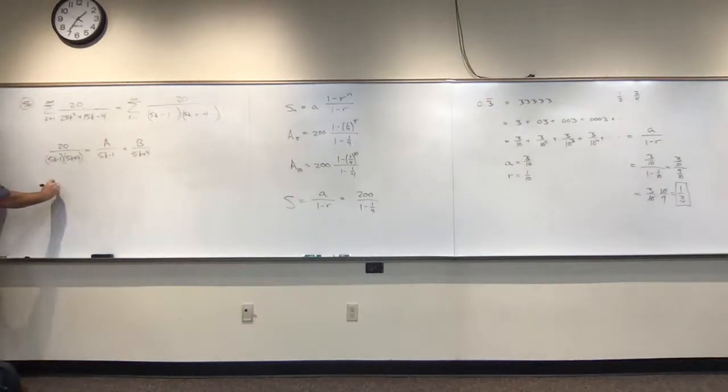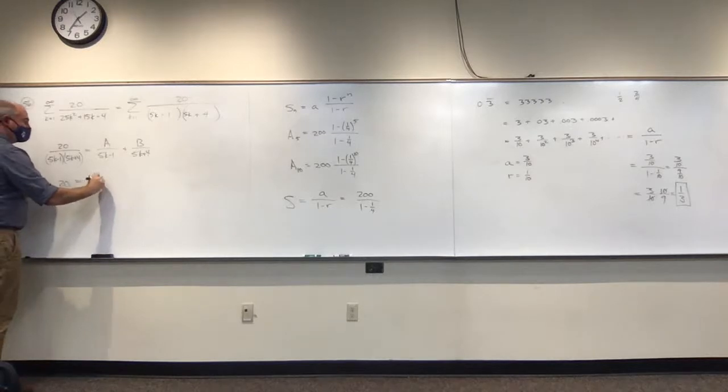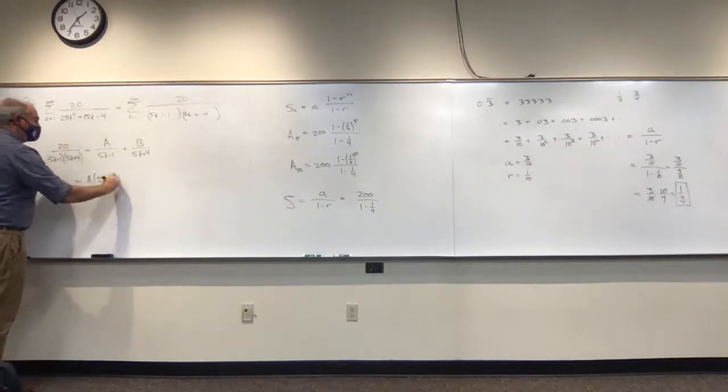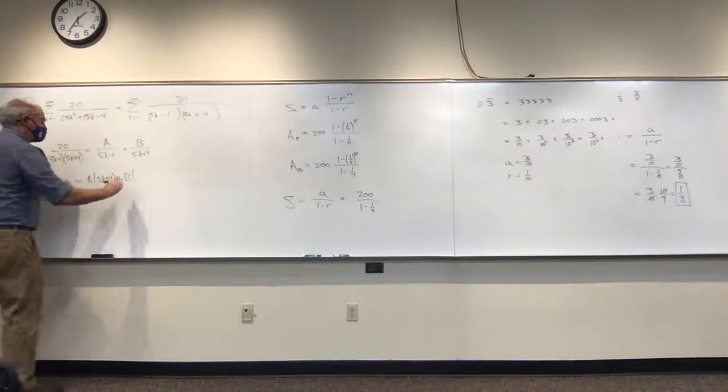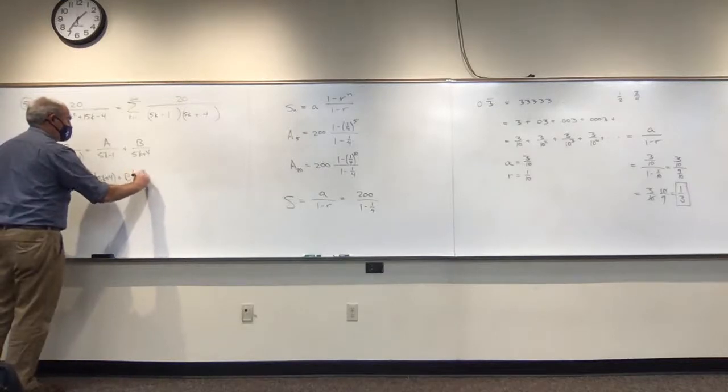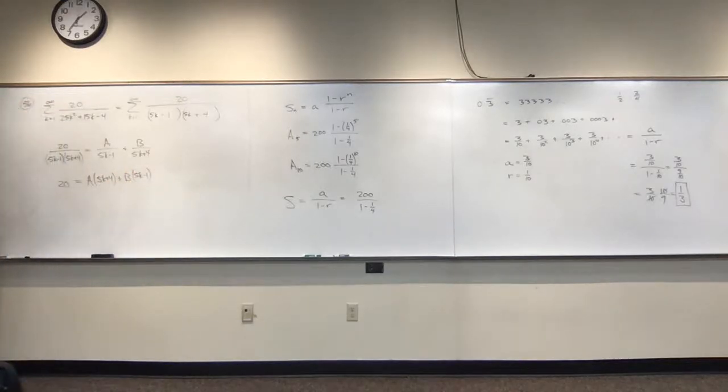You clear the fractions out and I get 20 equals a times 5k plus 4 plus b times 5k minus 1. All right, and now what could I plug in that would make life easier?